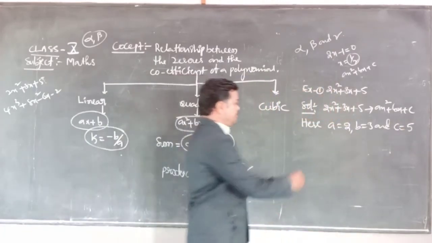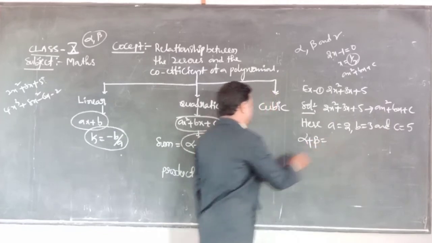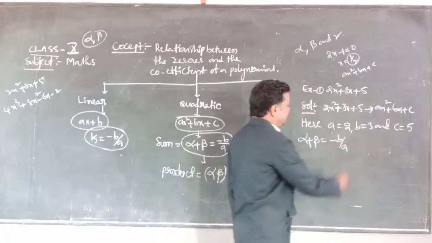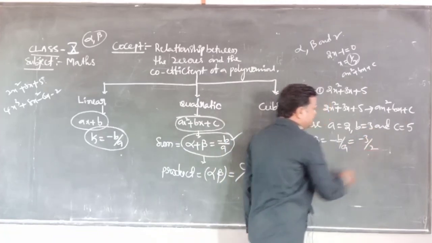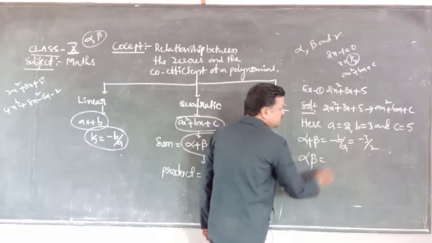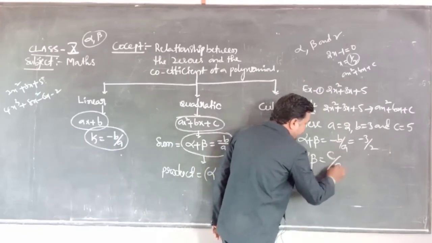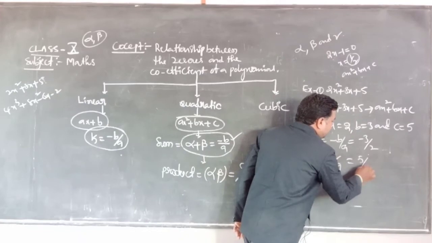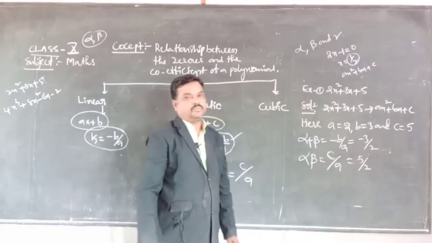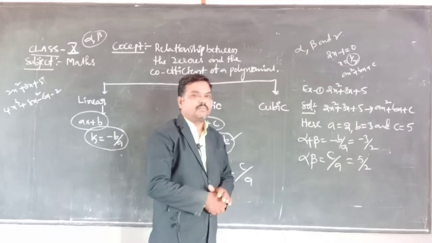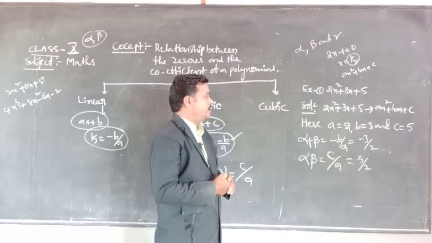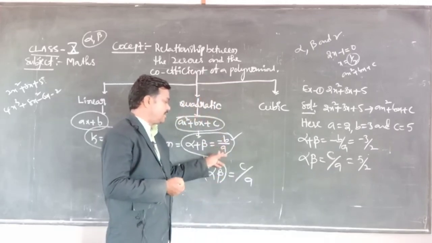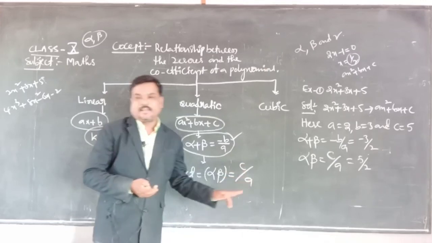Now the sum alpha plus beta is minus b by a, here minus 3 by 2. Alpha into beta is c by a, c is 5, a is 2. The product of the zeros is 5 by 2. This is the method to find the sum and the product of the zeros of a given polynomial by using the formulas minus b by a and c by a.